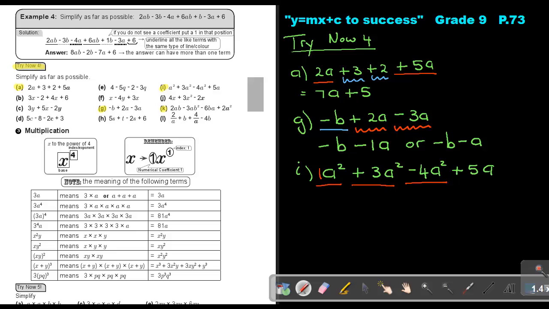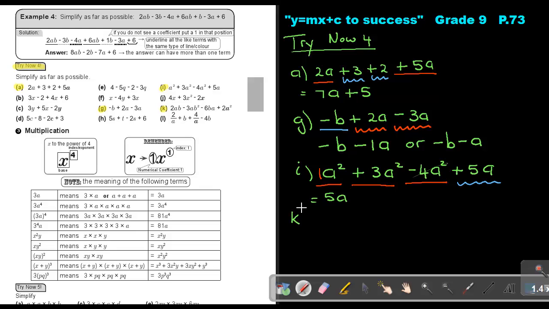Okay, and this one is on its own. It's not having a square. So it's 1 plus 3, that's 4, minus 4. That cancels out. So basically, if I add up these 2, it's cancelling with that one. And all that will be left is 5a. That will be my final answer.